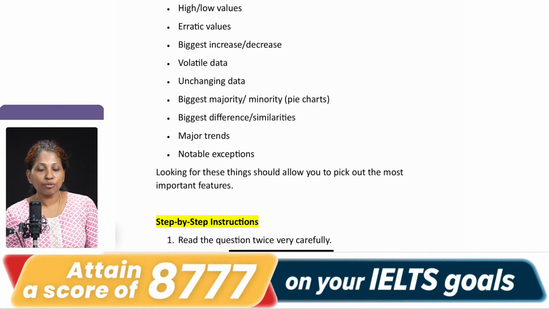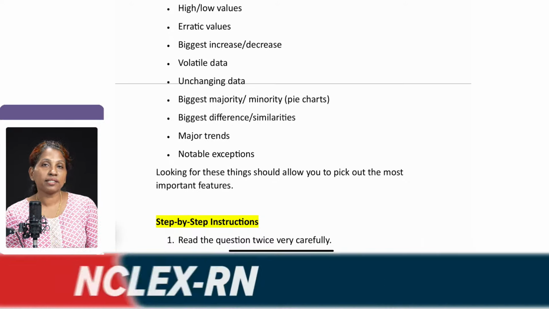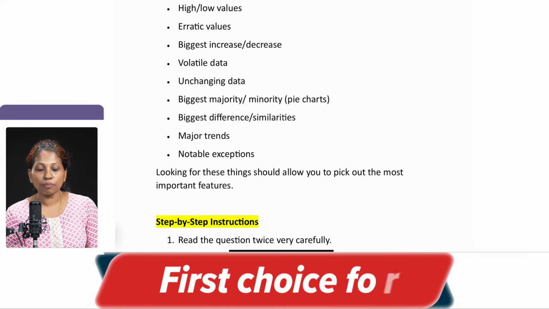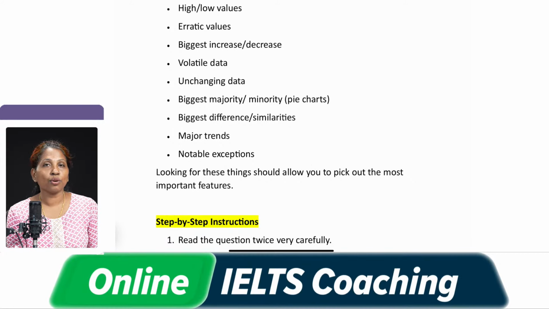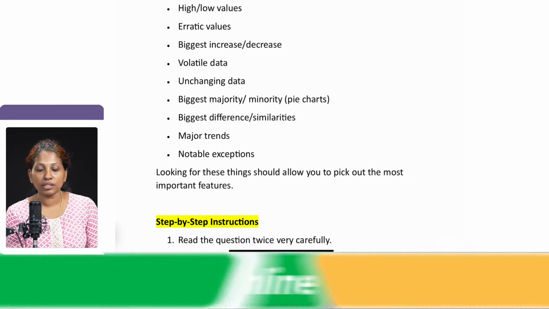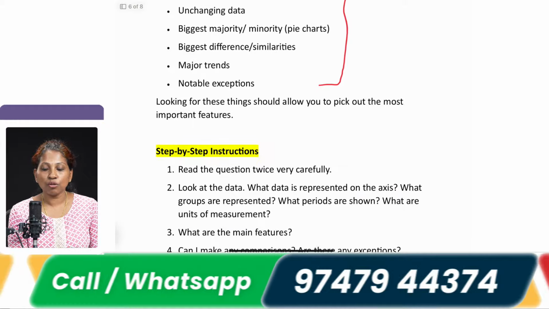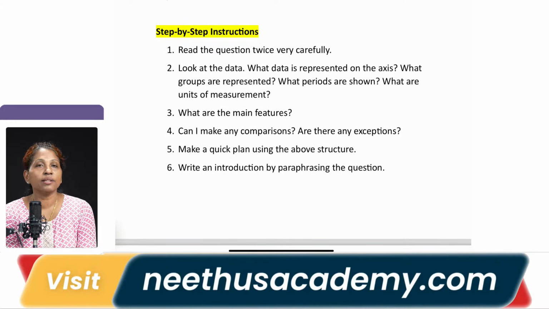Biggest differences, similarities. Major trends or patterns. Notable exceptions, something which is notable and an exception. Looking for these things should allow you to pick out the most important features. If you look for these things in your graph, you will be able to present your overview with the most important features.